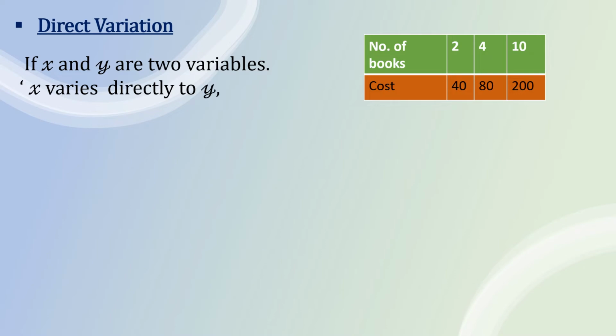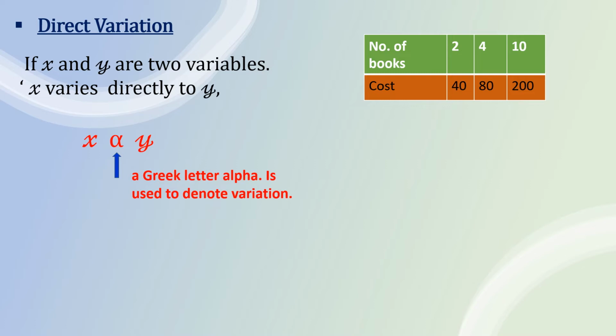Now in mathematical symbolic manner, this statement can be written as X varies Y. Now students, can you see there is a symbol between them? This is known as alpha, a Greek letter alpha, and it is used to denote variation. Is it clear?